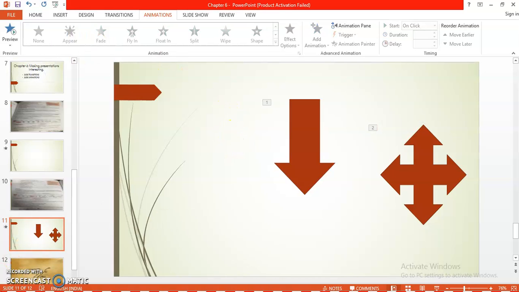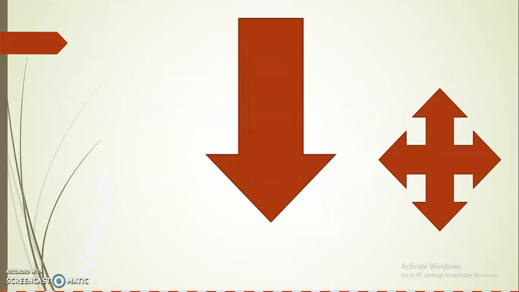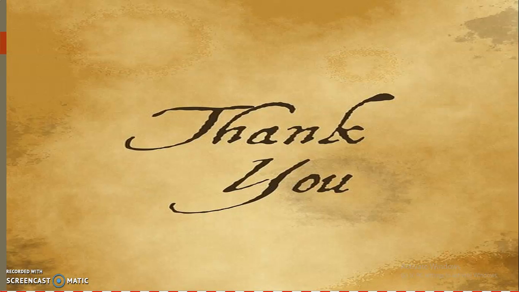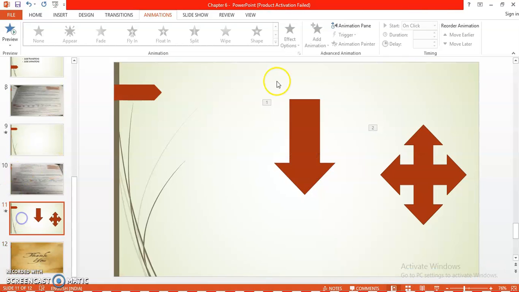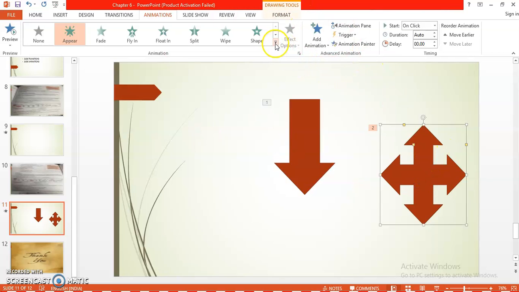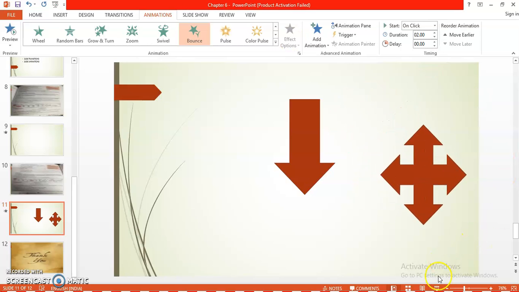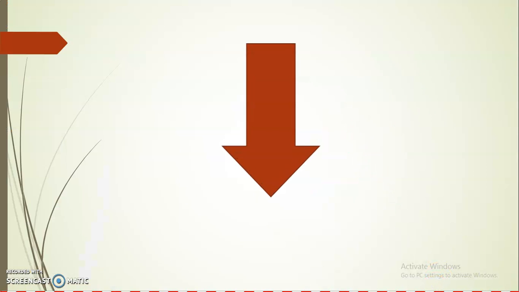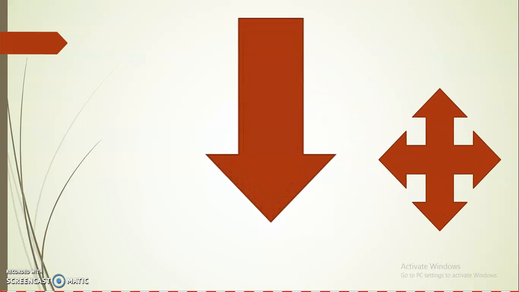As soon as I start the slideshow, you can see the changes, the animation that was applied. You can even say bounce. So once you put the slideshow, okay, it has come bouncing.